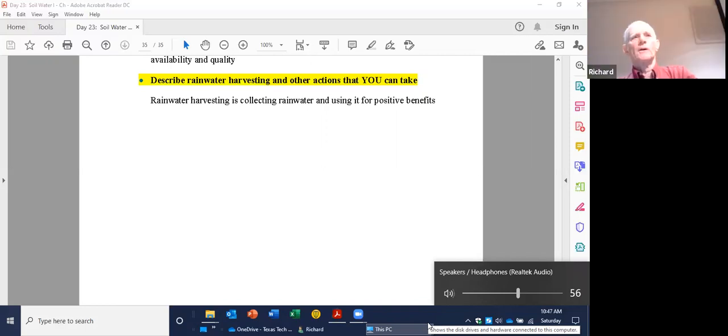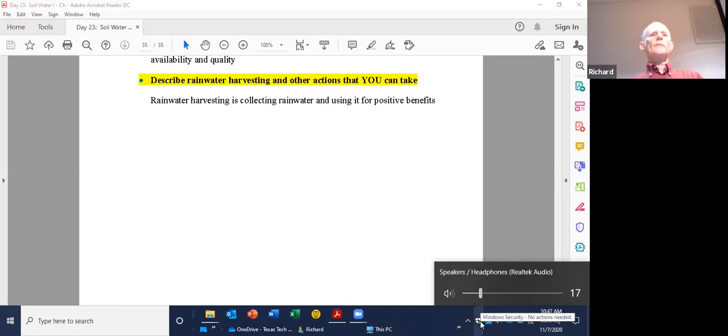Not in this particular area. It turns out that our water quality from the wells is typically better than the water that we drink in the city of Lubbock.